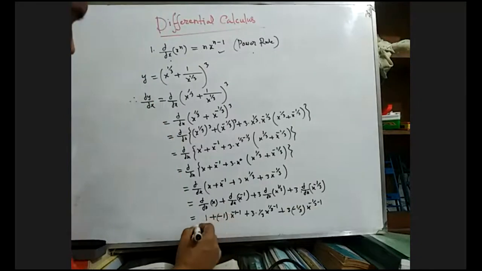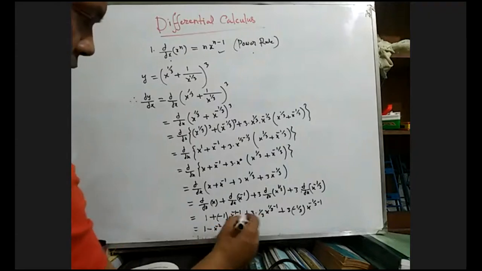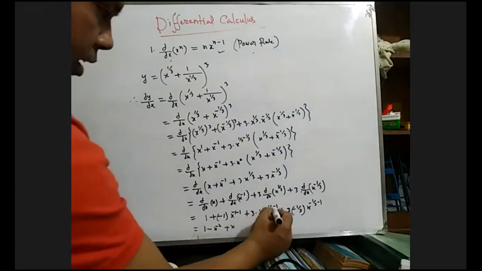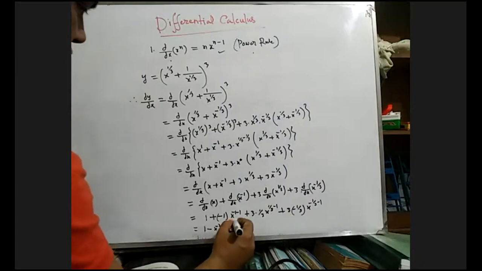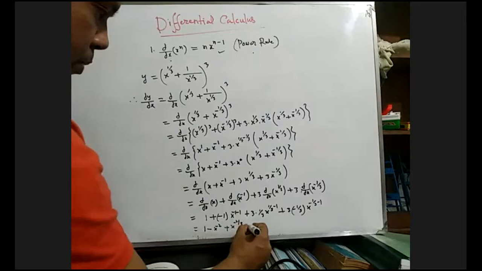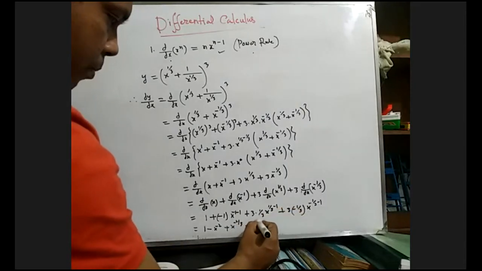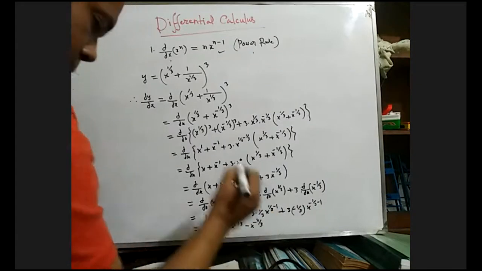So this equals 1 minus x to the power minus 2, plus 3 cancelled, taking LCM we get minus 2 by 3, minus 3 also cancelled, x to the power minus 4 by 3.